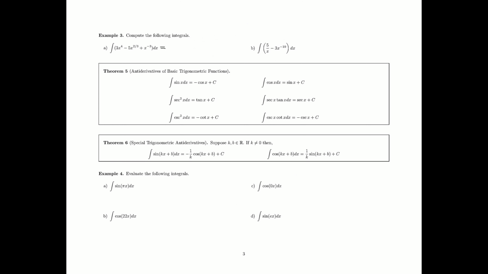Here we would have 3/5 x to the 5th minus 5, and I usually leave a little bit of awkward space here, and then I will determine my new exponent, which will be 5/3, and then I will multiply by that fraction, which is going to be the reciprocal, 3/5.